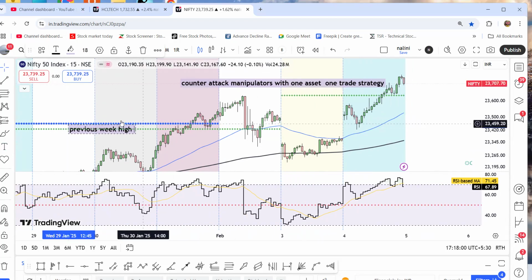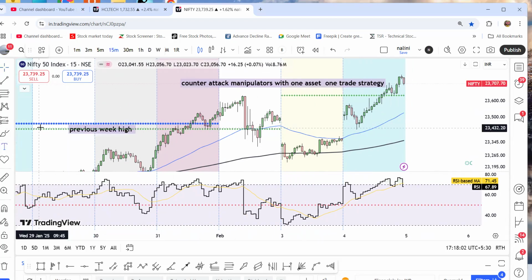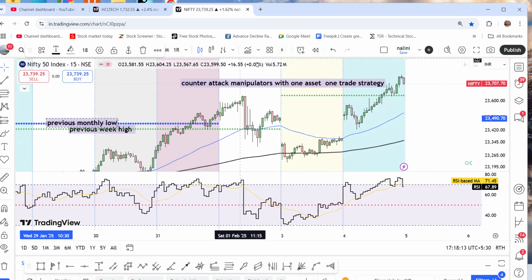And this is the previous monthly low. So it made a strong move above the monthly low and previous week high, indicating bullishness in the market.